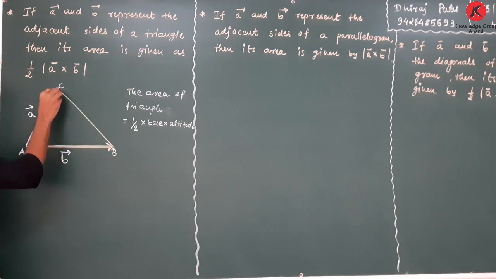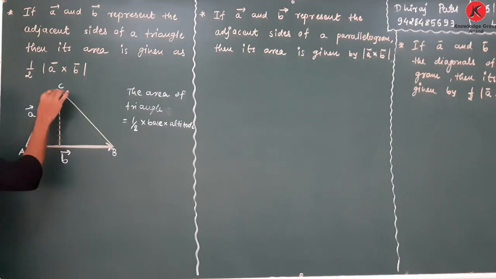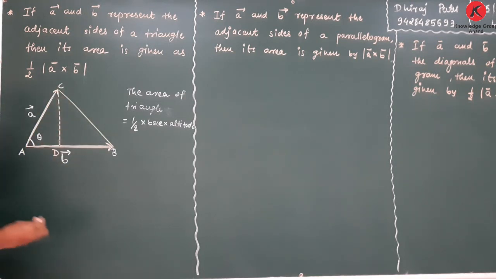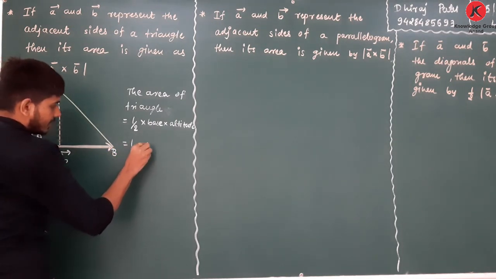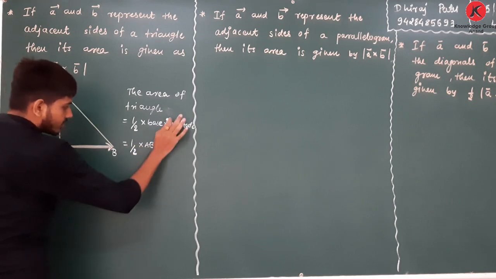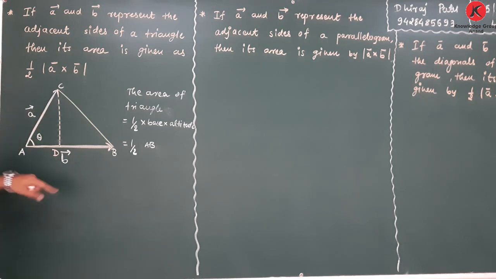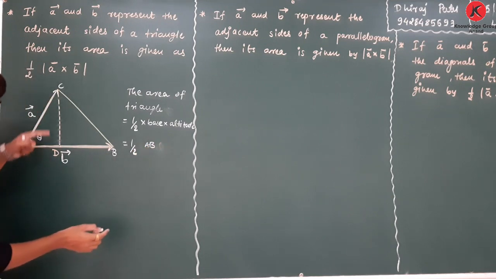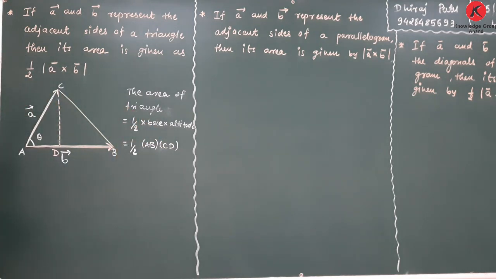Now the altitude drawn on this base is this. Suppose our altitude is CD. Therefore we can say half base, that means AB, into CD. I don't write a cross here because it would cause confusion with the cross product. Half AB into CD.